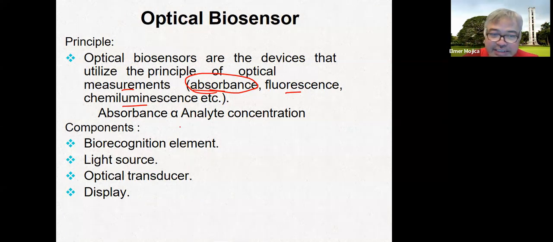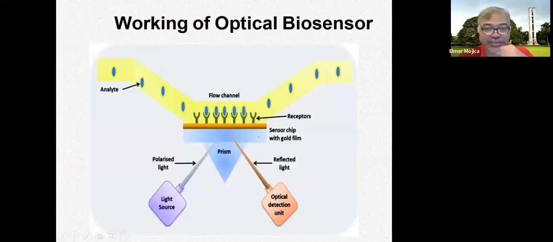Now, the idea here is the absorbance is related to the concentration of the analyte. And typically, you have a biorecognition element here, a light source, an optical transducer, and the display. Okay, and one thing that you can look is just like this. So you have your analyte in the sample, okay?